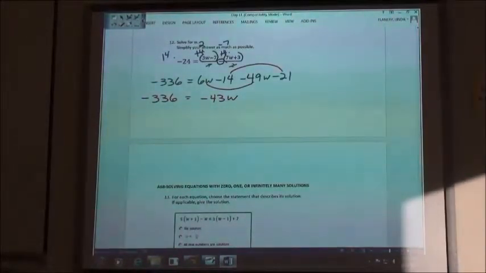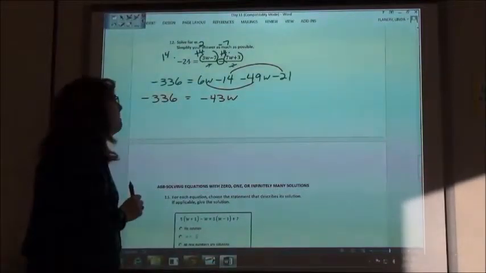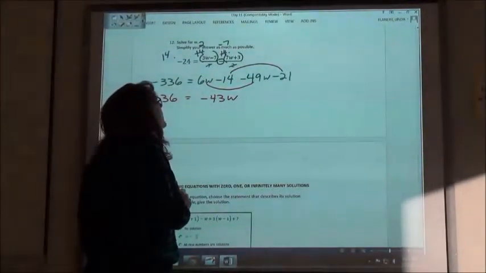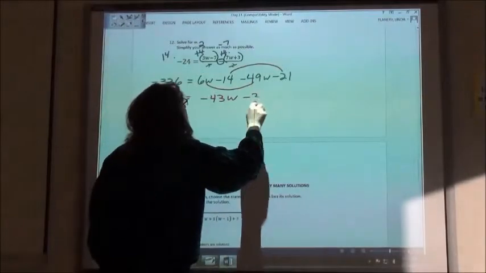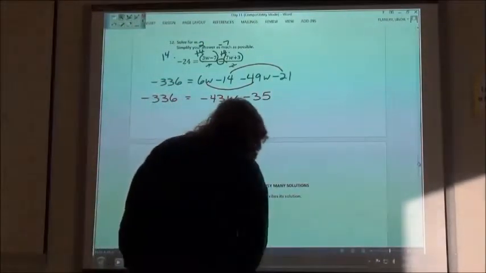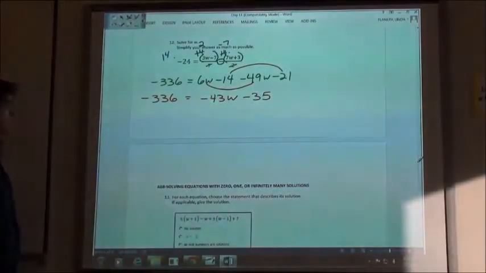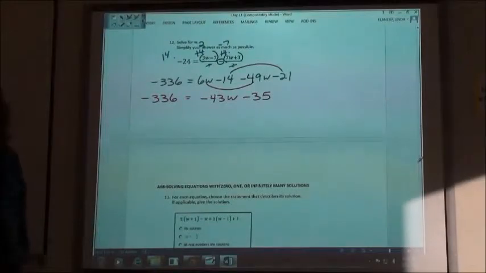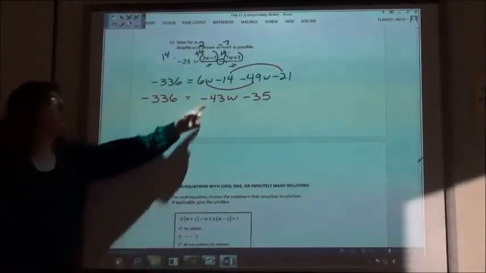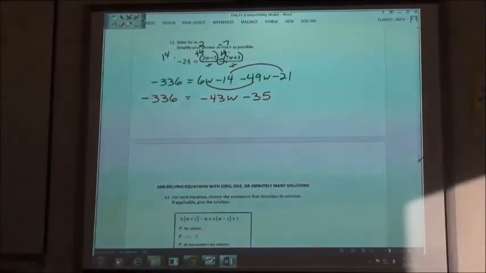And then minus 35. We have negative 43w right here. We don't have any w's on the other side, so if I want to solve for w, what should I move?